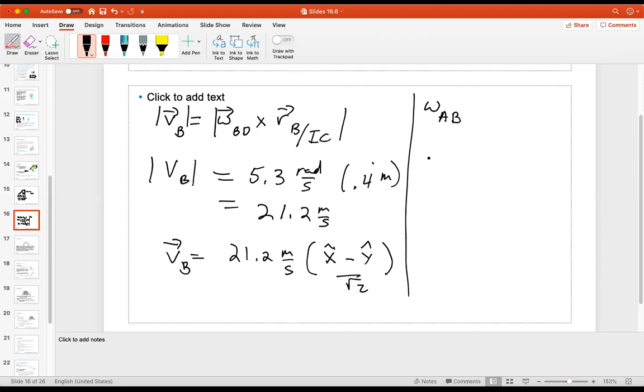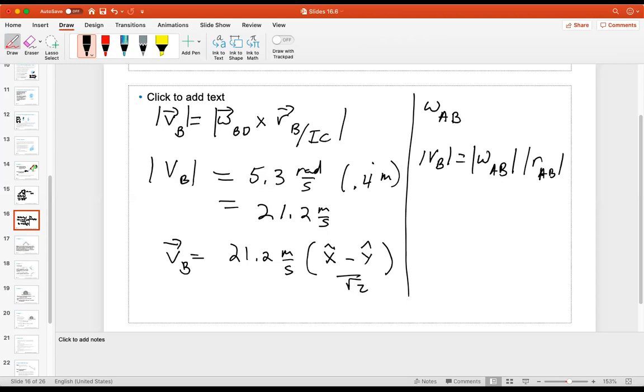So I know that the magnitude of the velocity of B equals omega AB times the size of the relative vector, which would be R_AB.